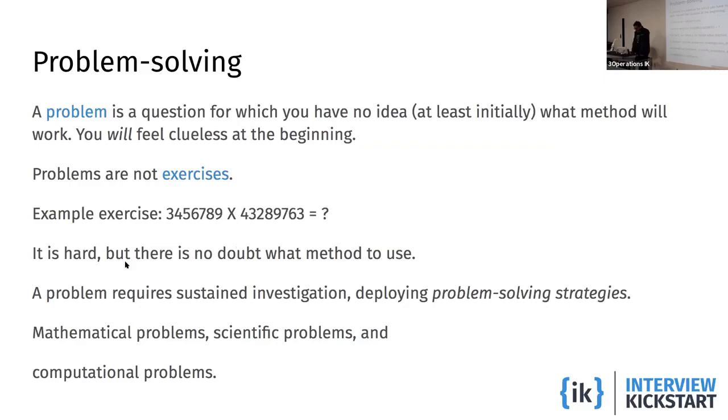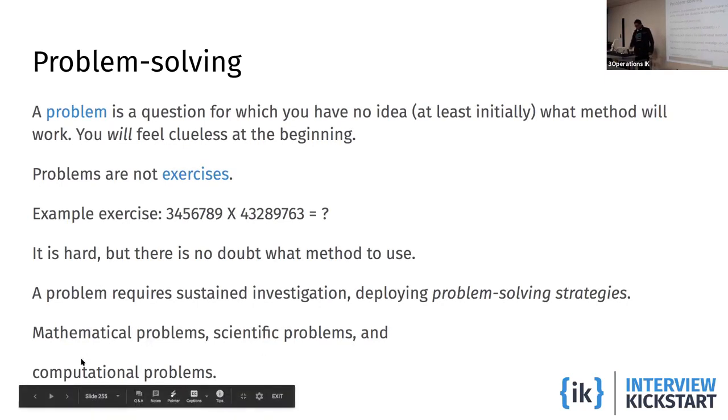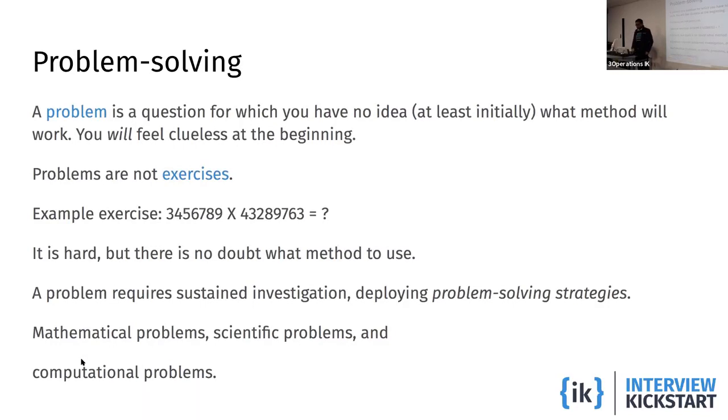What we need to do to solve questions that we have not seen before, for which we have no idea what method to use, is to spend time investigating that question, deploying general problem solving strategies. These strategies depend on the domain from which the problem comes. If the problem comes from math or science, they have their own problem solving strategies.